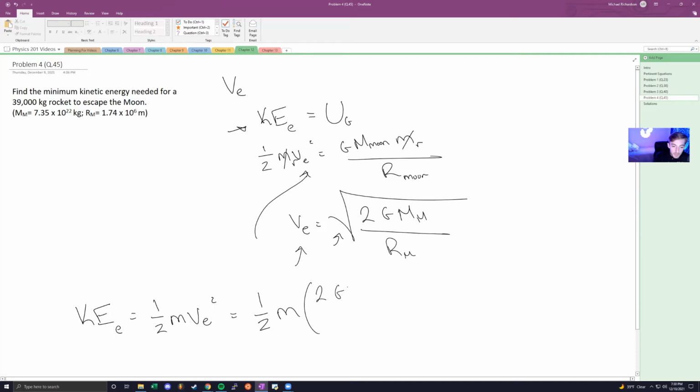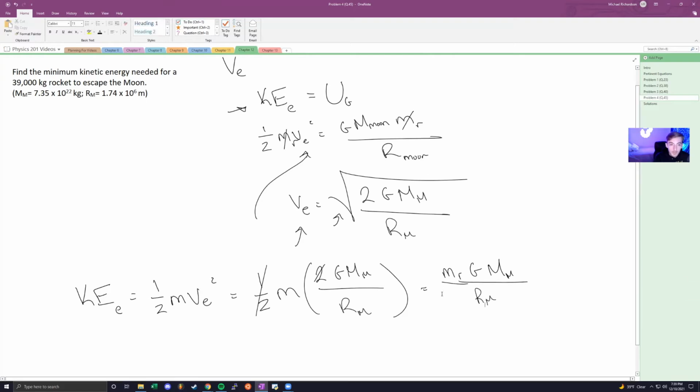So we get that this is going to be G times the mass of our moon divided by radius times the mass of our moon. Okay, so the 1/2 and the 2, they cancel. So we're left that the minimum kinetic energy required would be the mass of our rocket times the gravitational constant times the mass of the moon divided by radius of our moon.